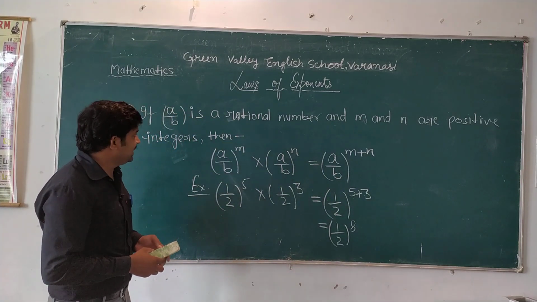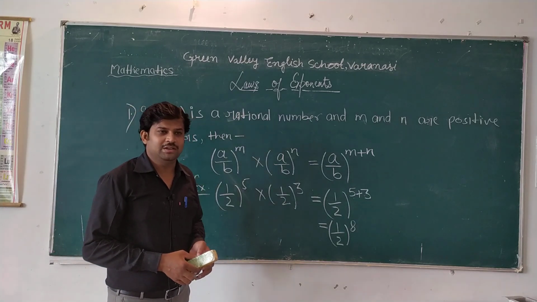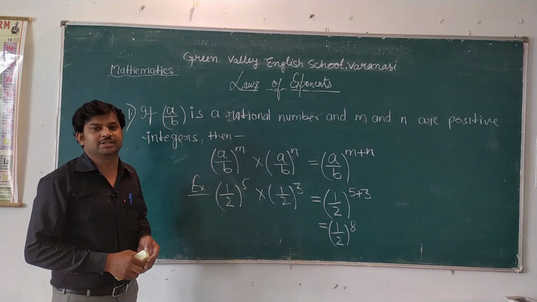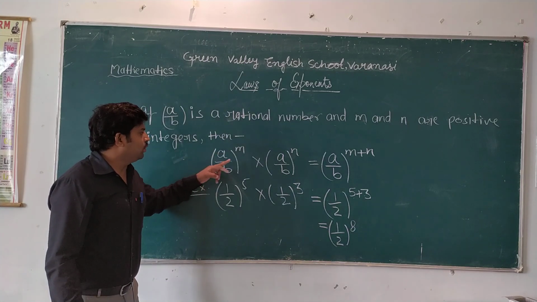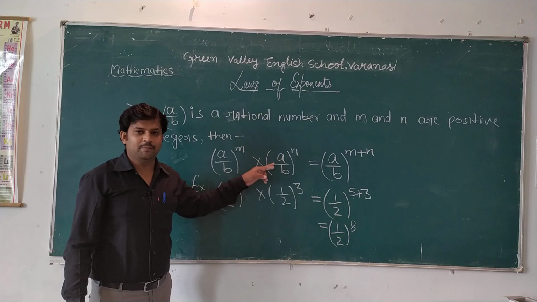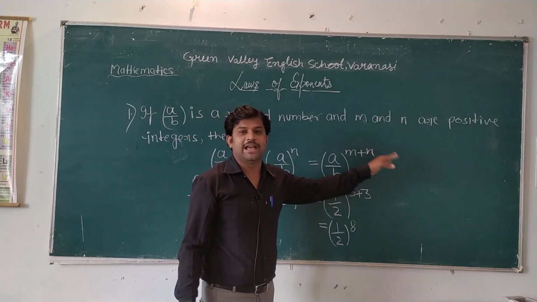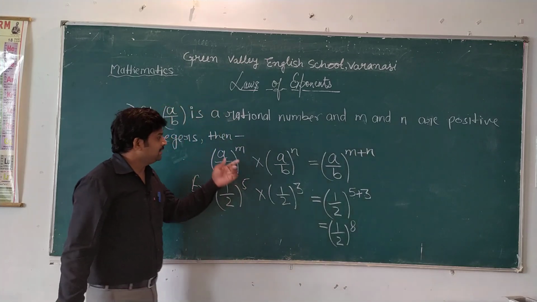The first law of exponent is: if a/b is a rational number and m and n are integers, then (a/b)^m into (a/b)^n is equal to (a/b)^(m+n).